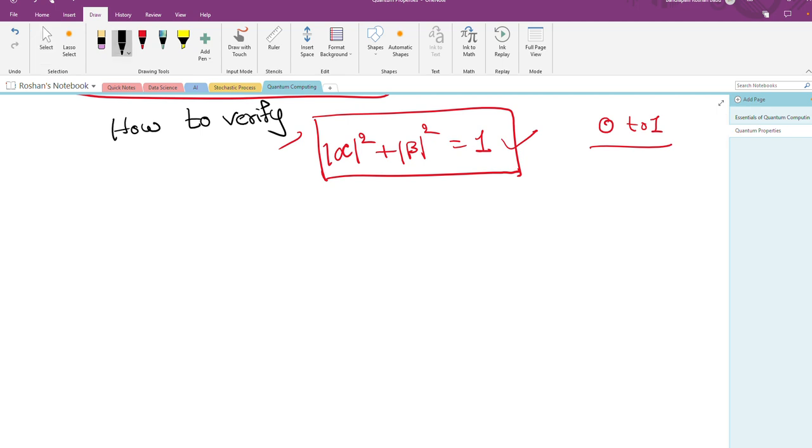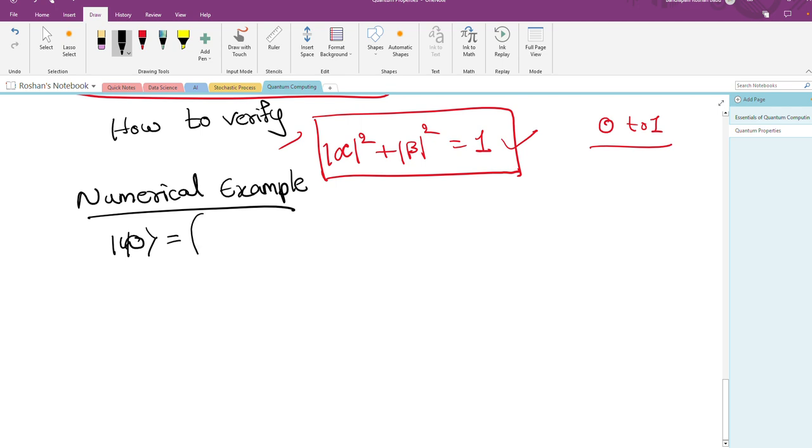We'll take a numerical example to understand it easily. Suppose we have psi with amplitudes 1 by 2 and root 3 by 2.